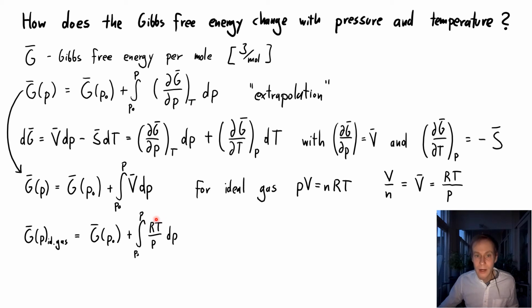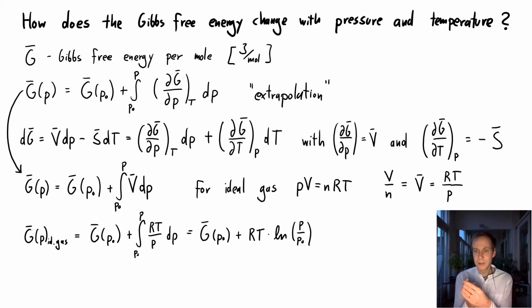So when these two are constant, they can be taken out of the integral, and we only need to integrate dP over P from P naught to P. And that is a standard integral. It simply gives us ln of P divided by P naught. Excellent.